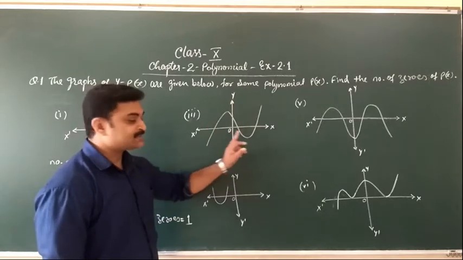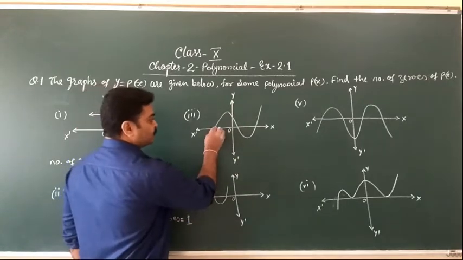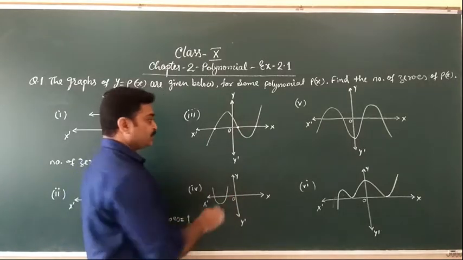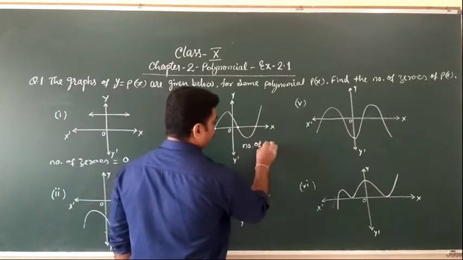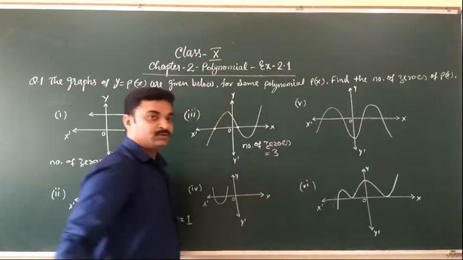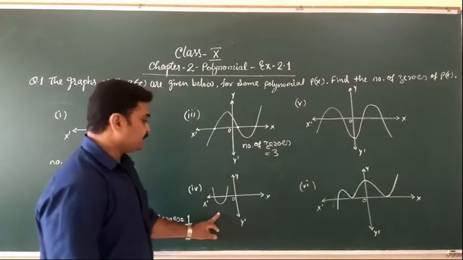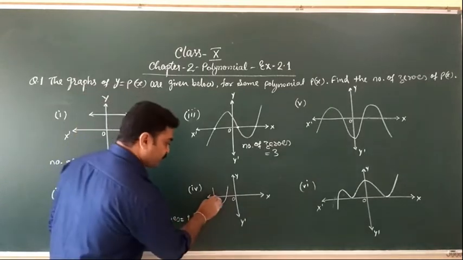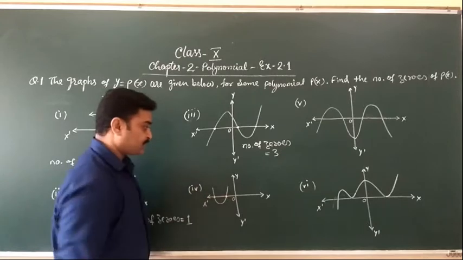In this case, see that this graph cuts the x-axis at 1, 2, 3 points. Therefore, number of zeros is equal to 3. In this case, at 2 points, the graph cuts the x-axis.